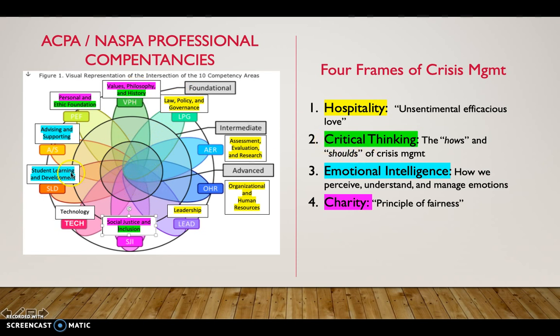And then we have the emotional intelligence, which is good for advising and supporting. Again, if you haven't read the ACPA competencies, you should in order to understand this better. And student learning and development. And finally, charity. Charity, I believe, lies with critical thinking, with the more sociological and philosophical areas.